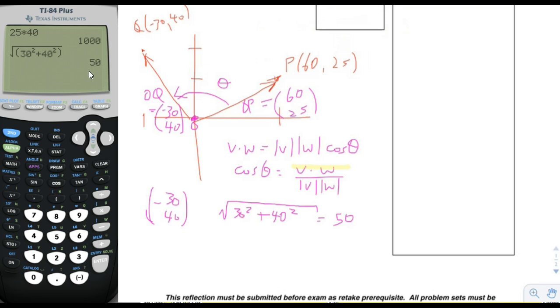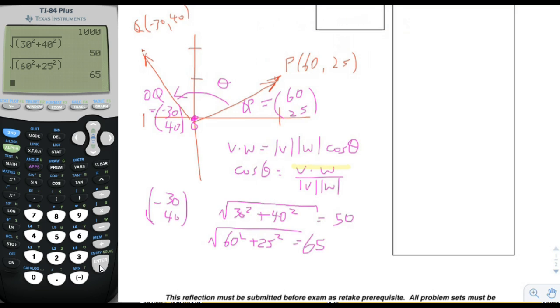And what about the length of OP? It's equal to the square root of 60 squared plus 25 squared. So let's try that. 60 squared plus 25 squared gives me 65. Wow, these are nice even numbers.